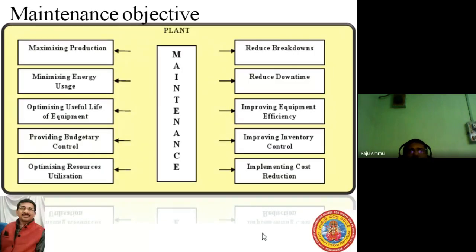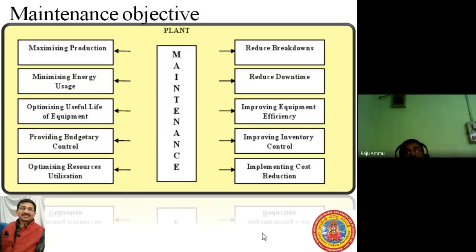Because the lifetime of the particular machinery is 5 years, and now 3 years are over, for the next 2 years you need to provide a budget for replacing your machinery. So you can plan accordingly, because you're maintaining your plant in such a way that you can rely on your budgeting. So it can go for providing budgetary control also.